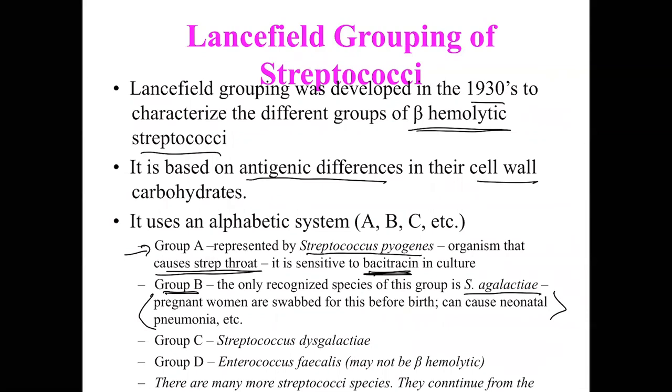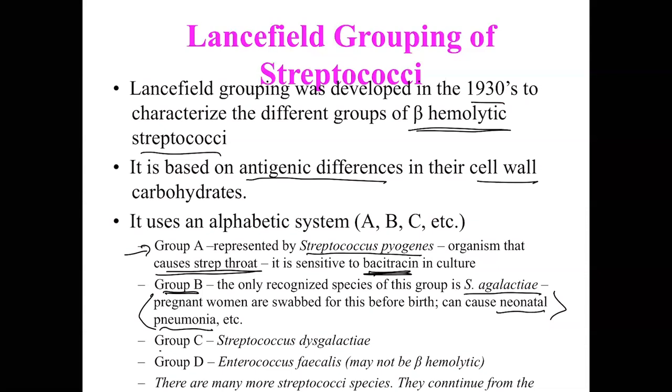If you're group B strep positive, they will give you an antibiotic to get rid of the bacteria before you have the baby, because if you have a vaginal birth, the baby could inhale it and it could cause pneumonia. If you have the baby before they swab and before you take the antibiotic, then they'll treat the baby with antibiotics prophylactically to make sure that they don't get this pneumonia.